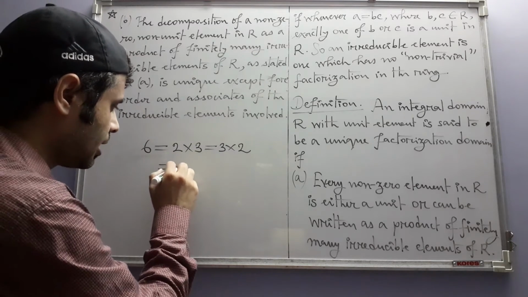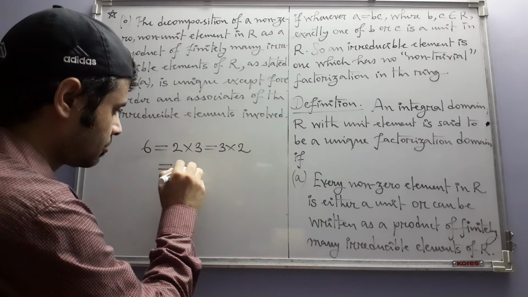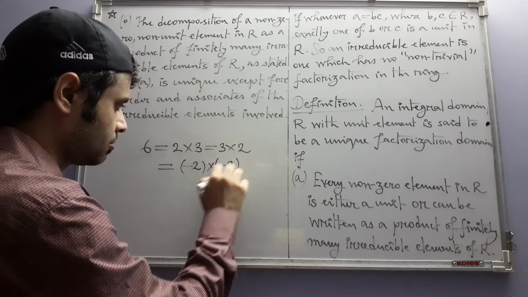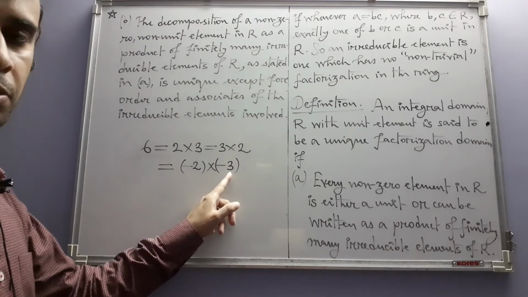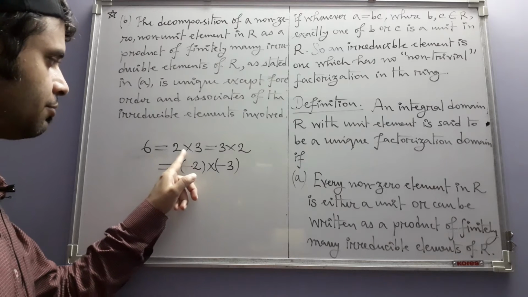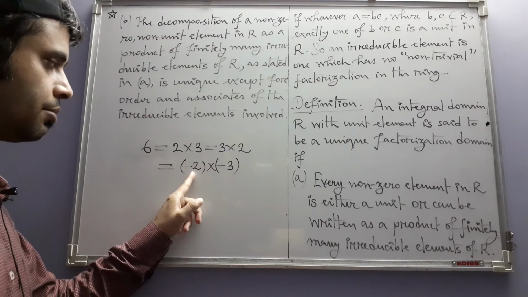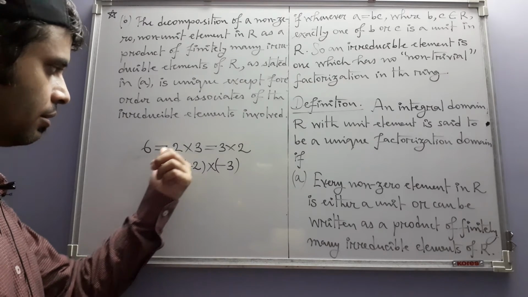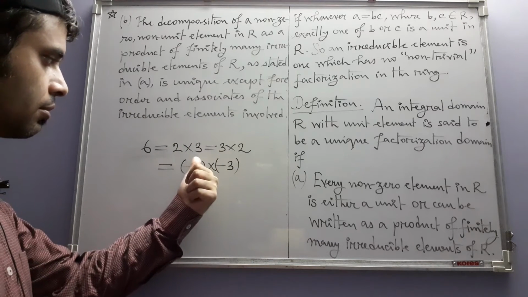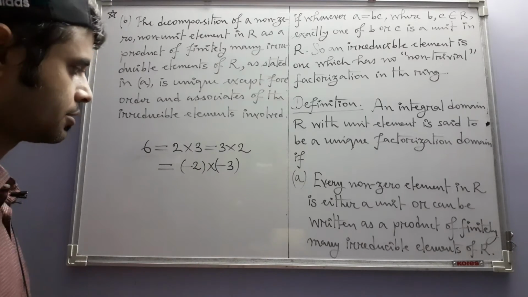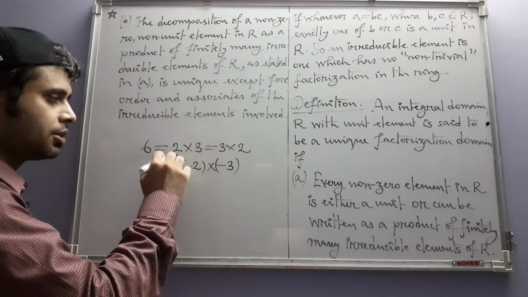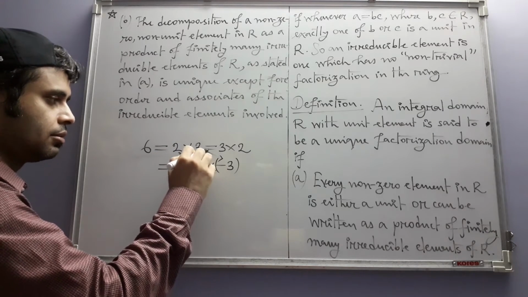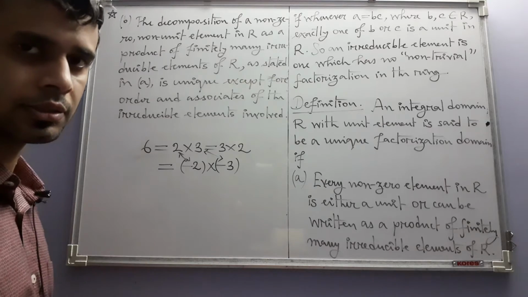You can write, for example, minus 2 times minus 3. These are also prime elements, and they are obtained from the other prime elements by multiplying by the unit minus 1. So that way you can have different looking factorizations. But if you really think about it, these are not considered to be that different. They are just associates.